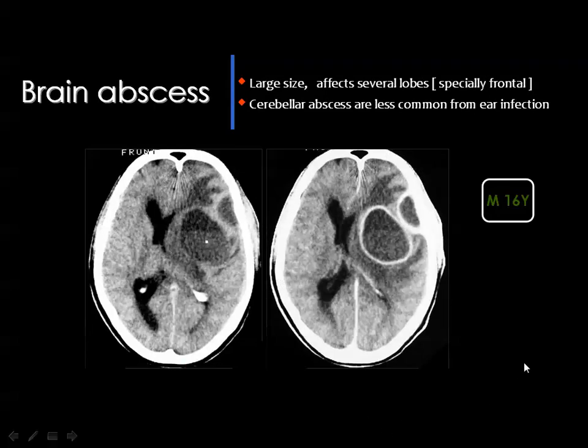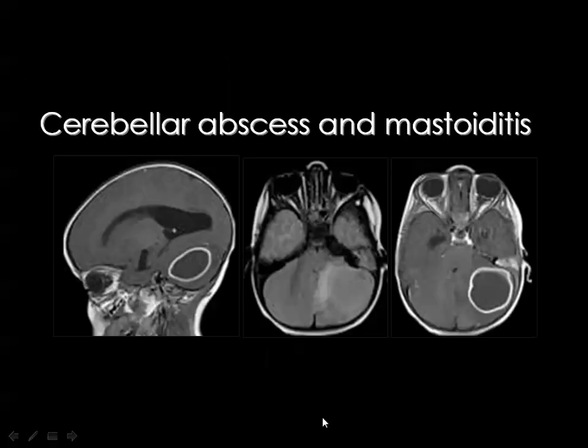Then brain abscesses may be unilocular, may be multilocular, may be multiple with a major one and satellite lesions. Usually they show marginal enhancement of uniform thickness, and they are surrounded by variable degrees of brain edema with variable mass effect.